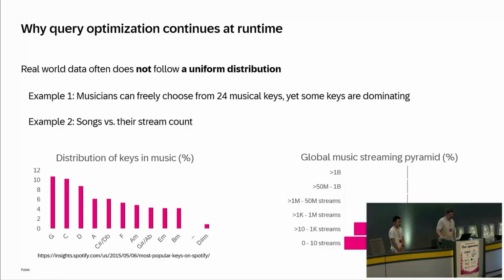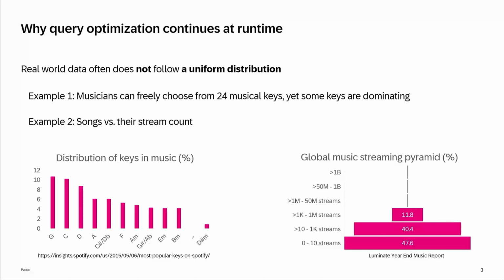And in another example, we have the streaming count of songs. This is from a yearly year-end music report, and you can see that 99.8% of all songs in a streaming library are not streamed more than 1 million times.